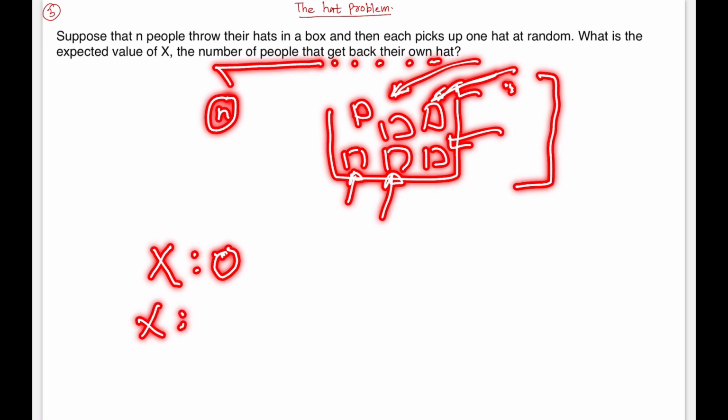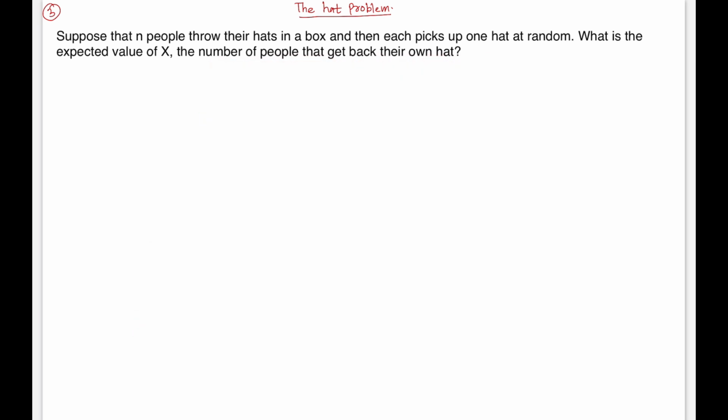Maybe out of n people only one person will get their hat back, so X will take the value 1, or maybe X can take the value 2, 3, 4, 5 depending on whatever outcome has occurred at the end of the experiment. So we have to find the expected value of this random variable X. I hope the problem statement is clear.